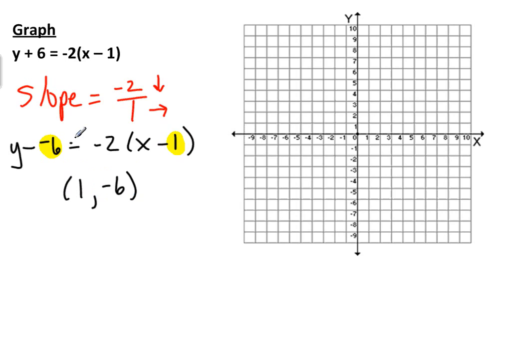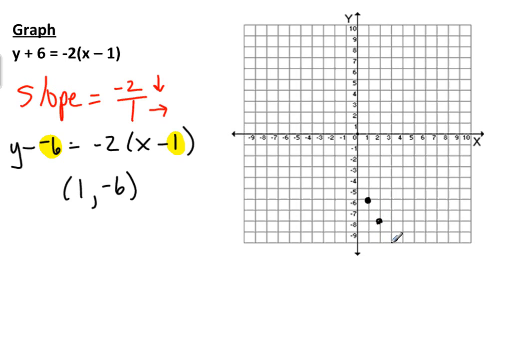If you think about it, up here it said x minus 1, but I put down a positive 1. This said y plus 6, I put down a negative 6. You're always going to get that kind of reversal of signs because we want what's after the negative. So now that I have a point at 1, negative 6, and a slope of down 2, right 1, I have 2 points for my line.